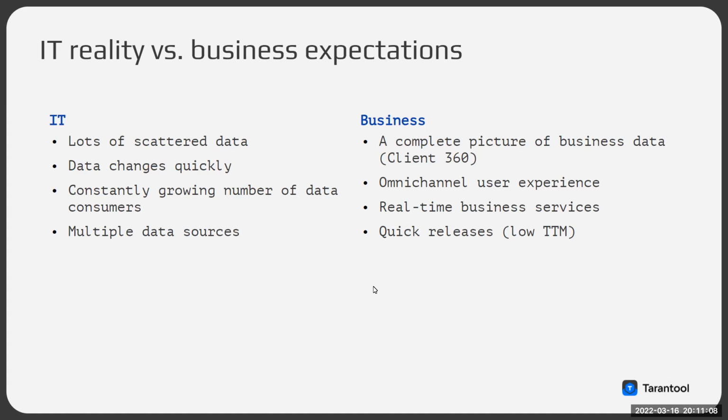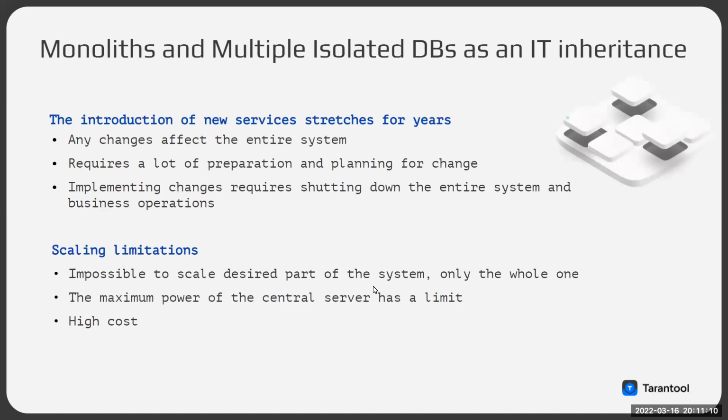Then they're producing solutions. Another aspect of the existing IT situation is that it mostly came from historical reasons. Here we're talking about different types of monolith architecture, and different systems that each have their own database.